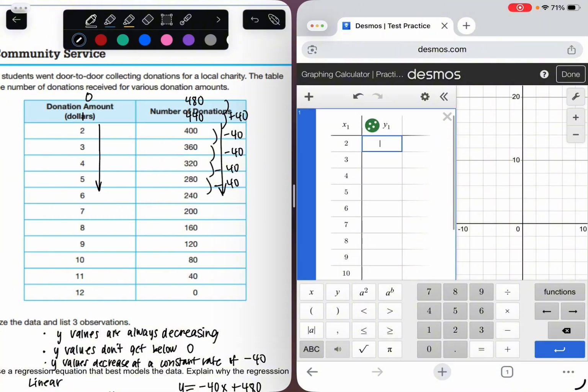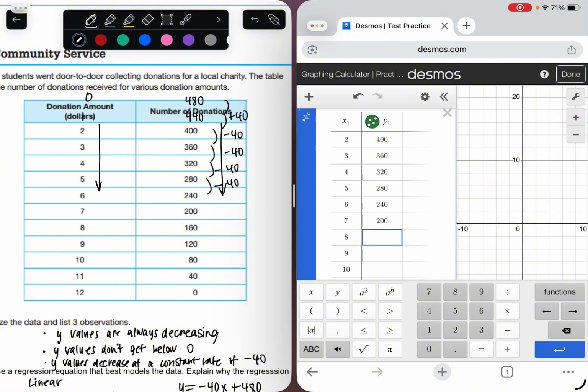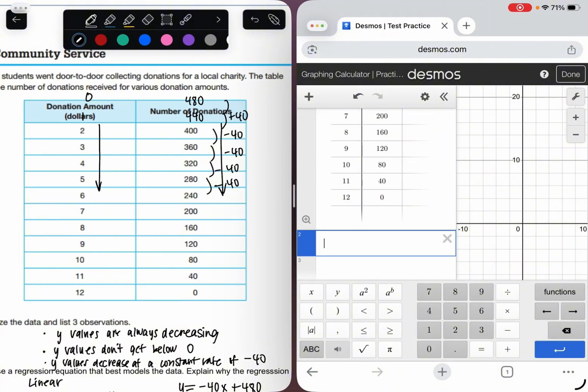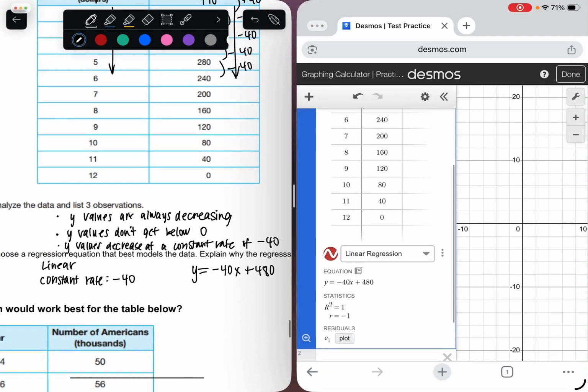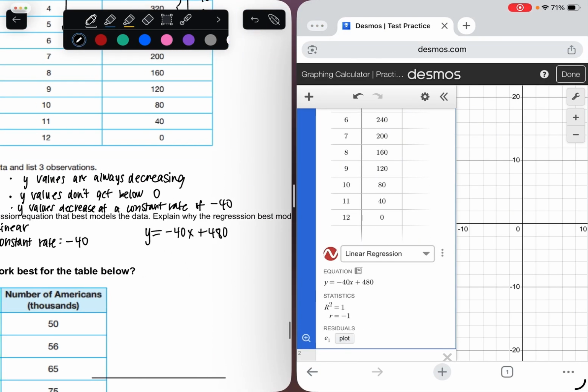It's always best practice because if it's not perfectly linear, you would want all the points to get the best equation. Okay, and so we get negative 40x plus 480.